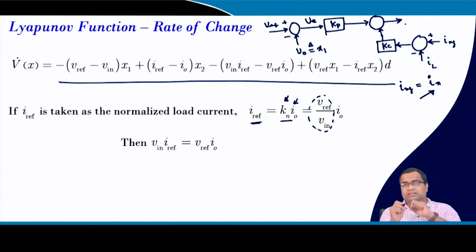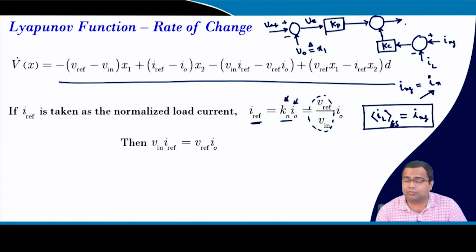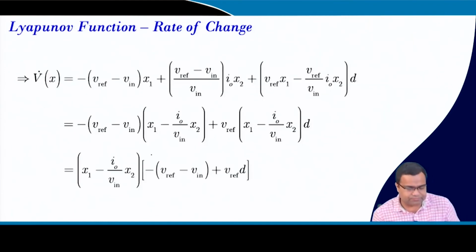This normalization is carried out in order to achieve the steady state value, so that the average value at steady state should be equal to this I ref, that is my objective. And the average inductor current is equal to V ref by V in times the average load current, for a boost converter. So, we have considered this.